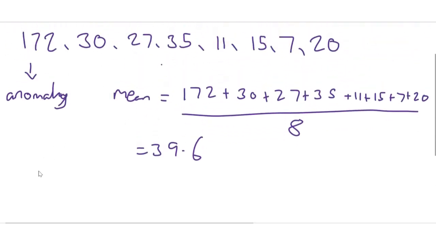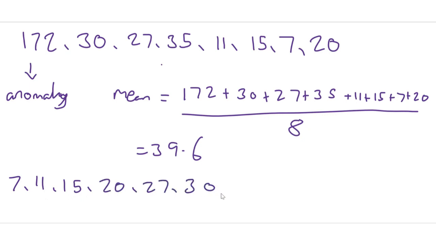Now, if we look at the median, to find the median, first we have to put them all in order. So we get 7, 11, 15, 20, 27, 30, 35, 172. I want you to think about, is the median still as good a measure of central tendency as it was before?